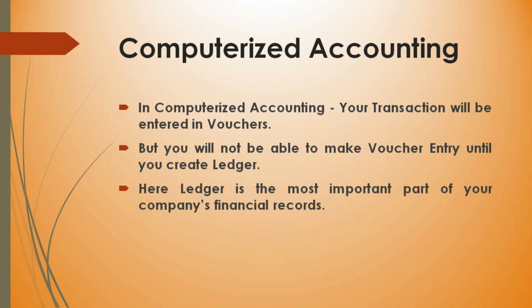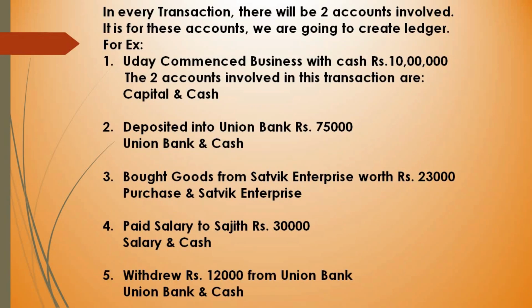In manual accounting, the first step is entering into the journal book and the second step is the ledger. But in computerized accounting, your first step is to create the ledgers in order to enter the transaction in vouchers. As we know, in every transaction there will be two accounts involved, and it is for these accounts we are going to create ledgers.